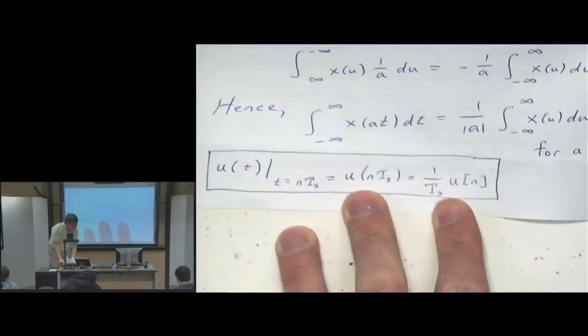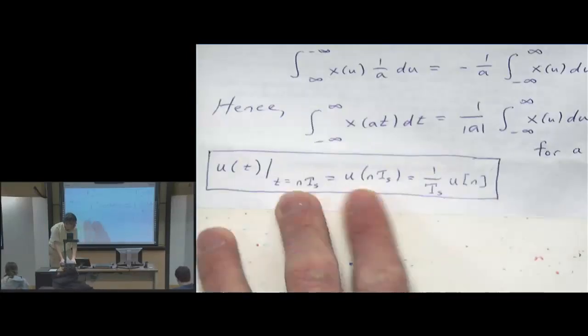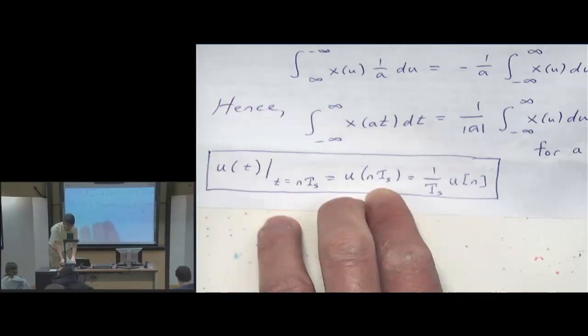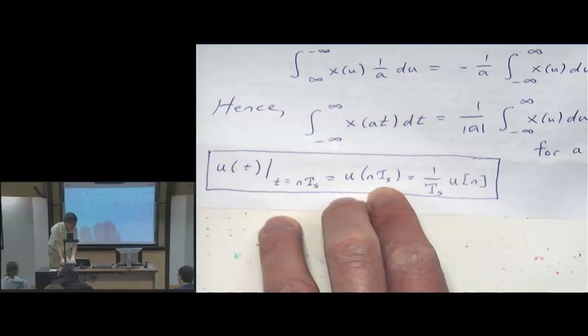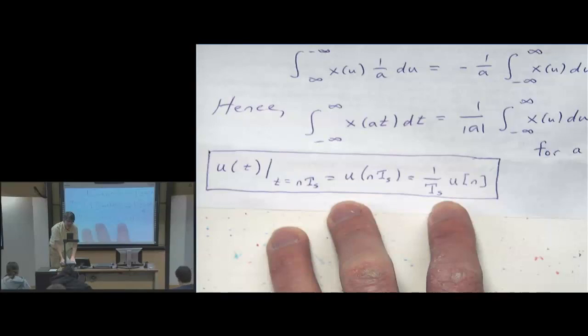Right. And then finally, how does this relate to our particular issue at hand, which is take the step function, sample it. Now I have these uniformly spaced samples of the step function. What is the equivalent effect in the area? It's scaling the step function by 1 over capital T sub s.